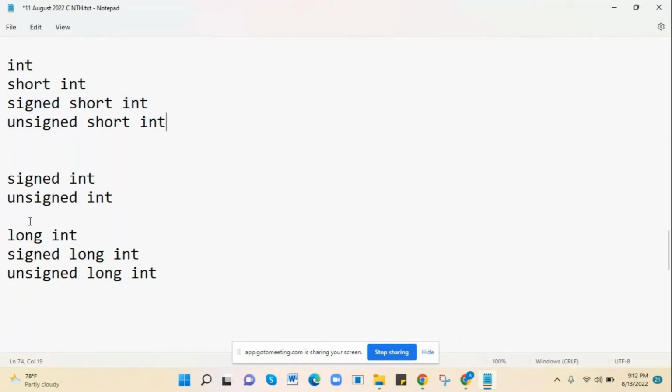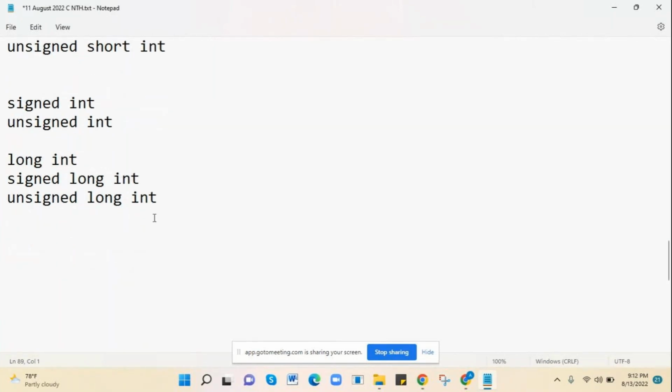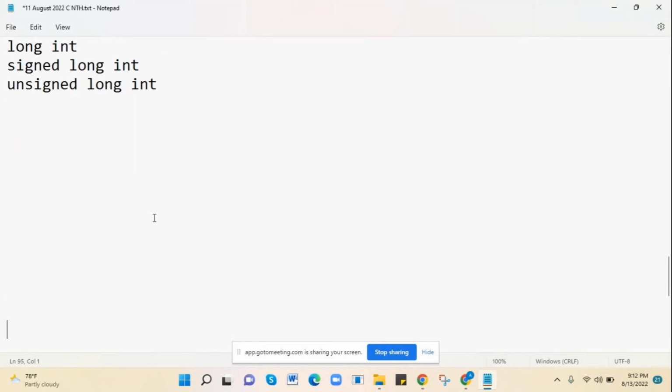Same like that here also: signed int, unsigned int, long int, signed long int, and unsigned long int. Similarly, we can use these qualifiers for the char data type, like signed char and unsigned char, both. So these are the qualifiers we are using for data types.